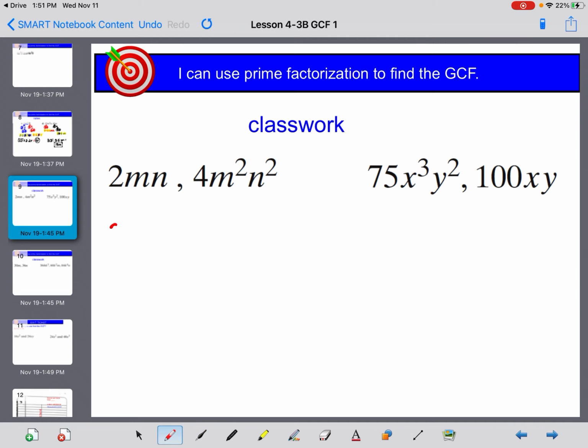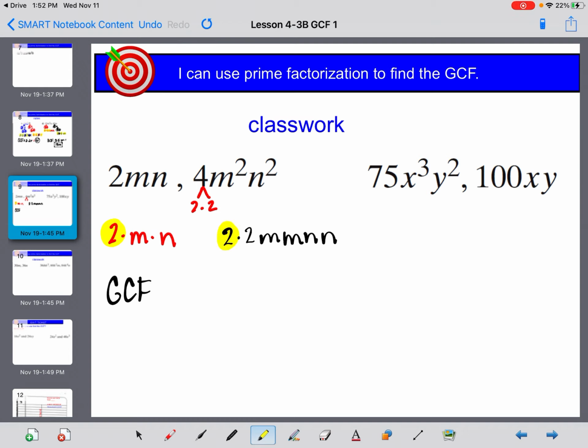All right. 2mn is already in prime factorization. 4 is the same as 2 times 2. So 2 times 2 times m, n, n. The greatest common factor here, they share a 2, they share 1 m, and they share 1 n.